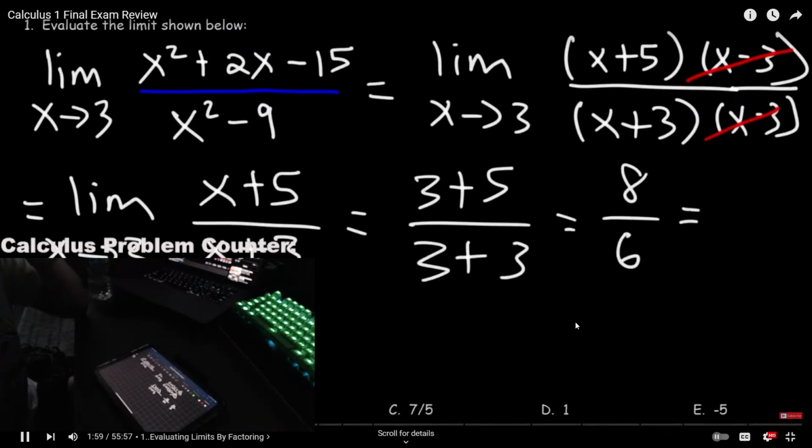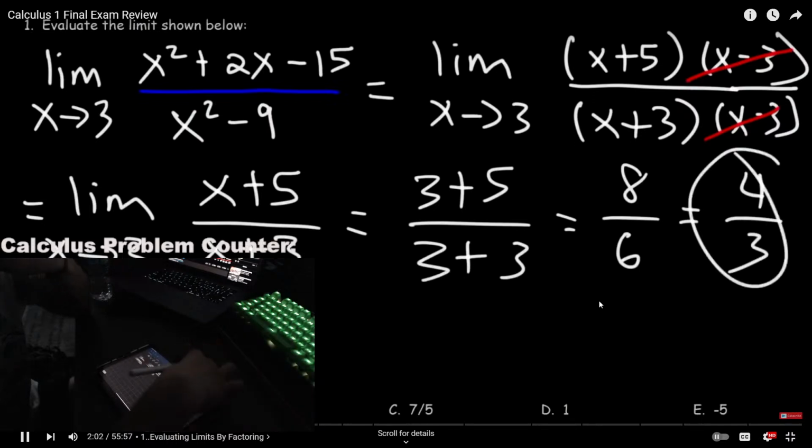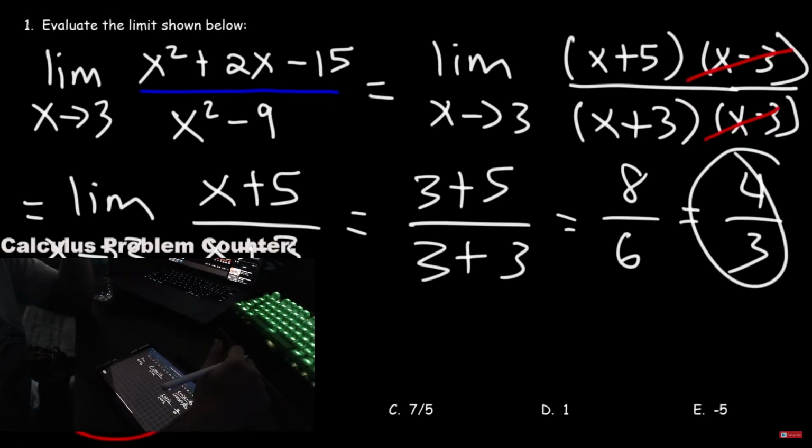And then if you divide both numbers by 2, you can reduce that. So A is the correct answer.